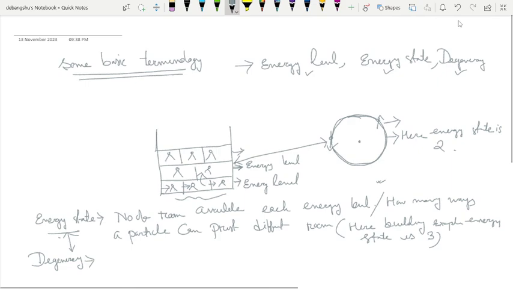So degeneracy is also how many ways a particle can be present in different energy states in the same energy level.